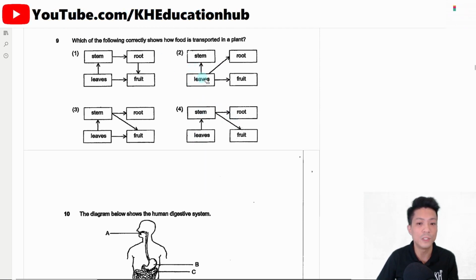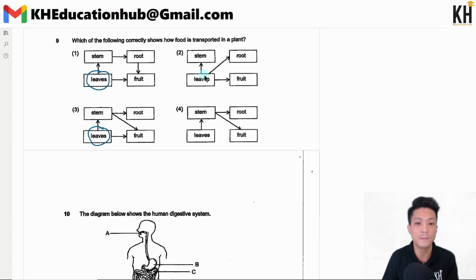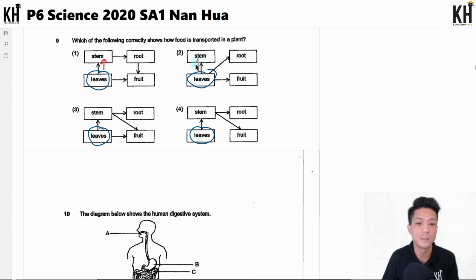For question 3, which of the following correctly shows how food is transported in a plant? Food is produced in a leaf, and after that it will be transported to the stem.